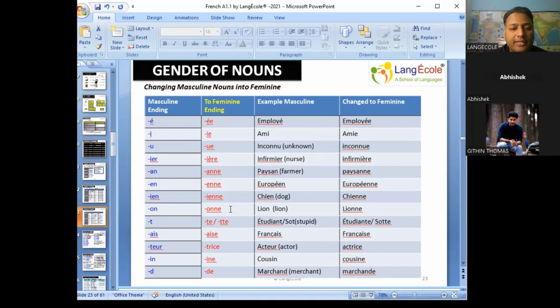So go ahead, you have to practice each of them by writing some nouns and then changing them to the feminine side. That's how you'll slowly memorize it, and it will come naturally. Naturally, you'll be able to memorize them and apply them, right?